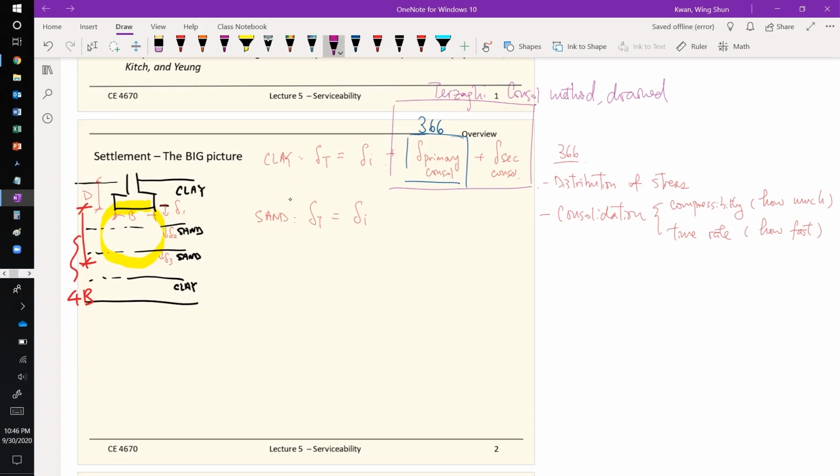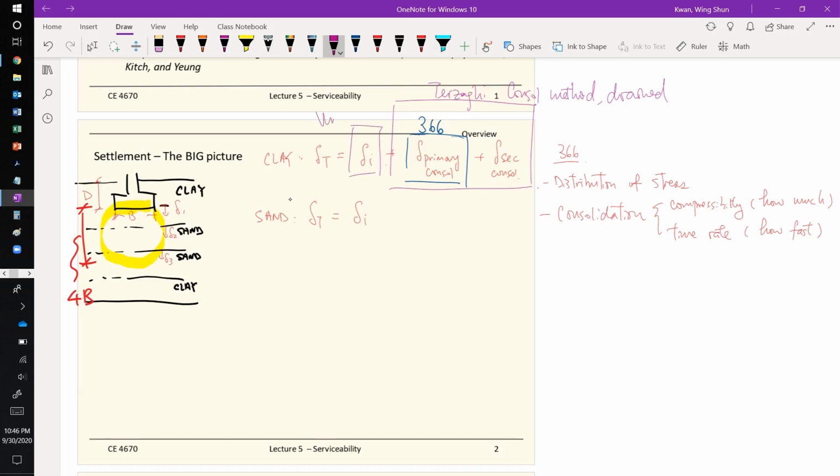Those consolidations for clay are in drained conditions, because it takes months or years for clays for the pore water to escape from the clay layers. So that is long enough to allow the water to escape the clay. That's why it's a drained condition.